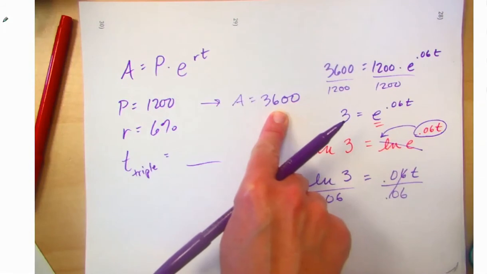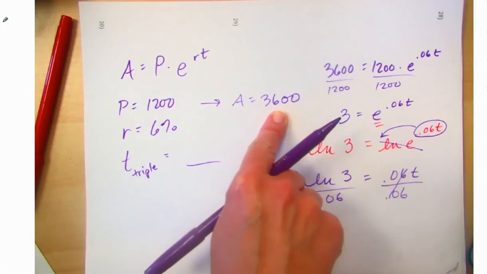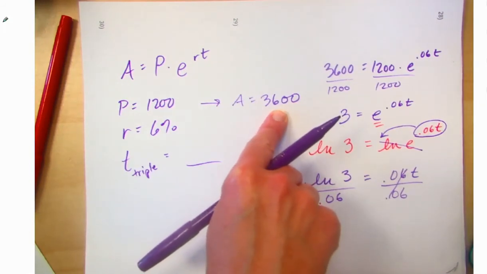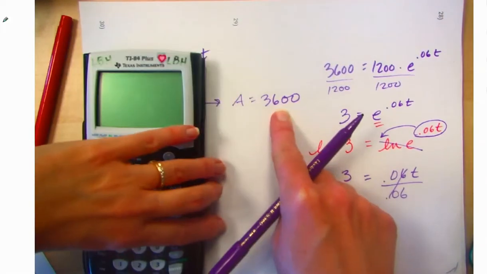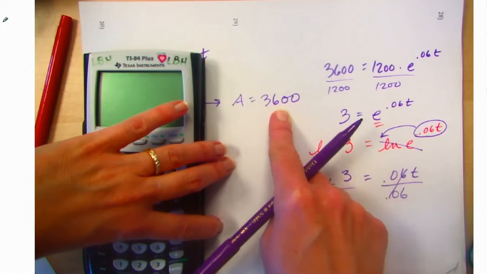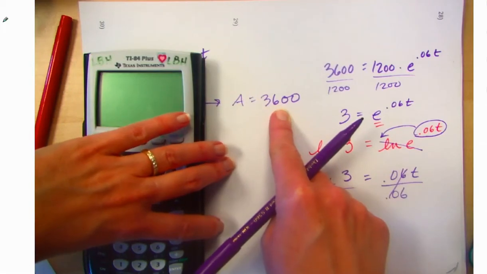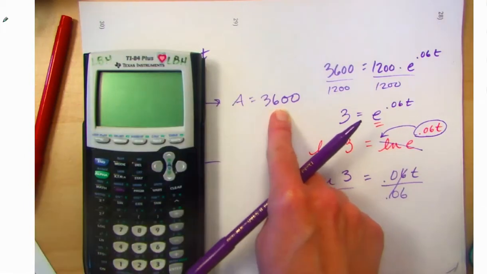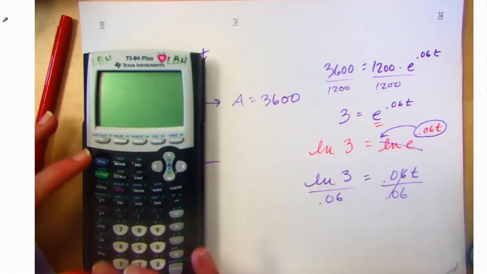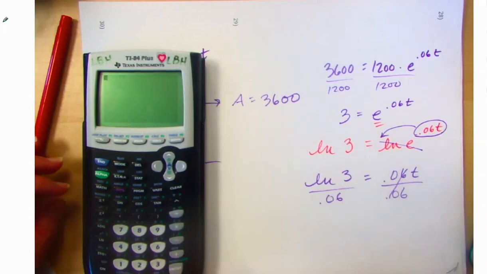Anticipate what the answer is going to be before we do anything here. We want to triple our money at 6%. It's going to be a few years, is it not? Think about that, okay? But if you get some outrageously small number, does that make any sense whatsoever? If you get 36,000, would that make sense? No.